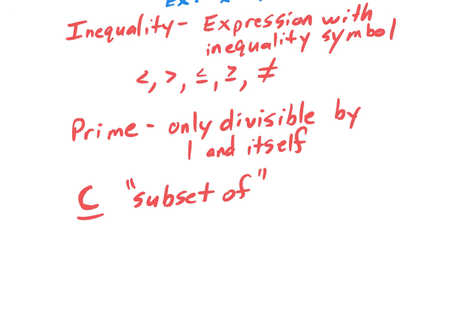So I could say whole numbers are a subset of rational numbers. Okay, and we could go more specifically, but that's how we would read that. Whole numbers are a subset of rational numbers. And we could make it a little bit more specific.